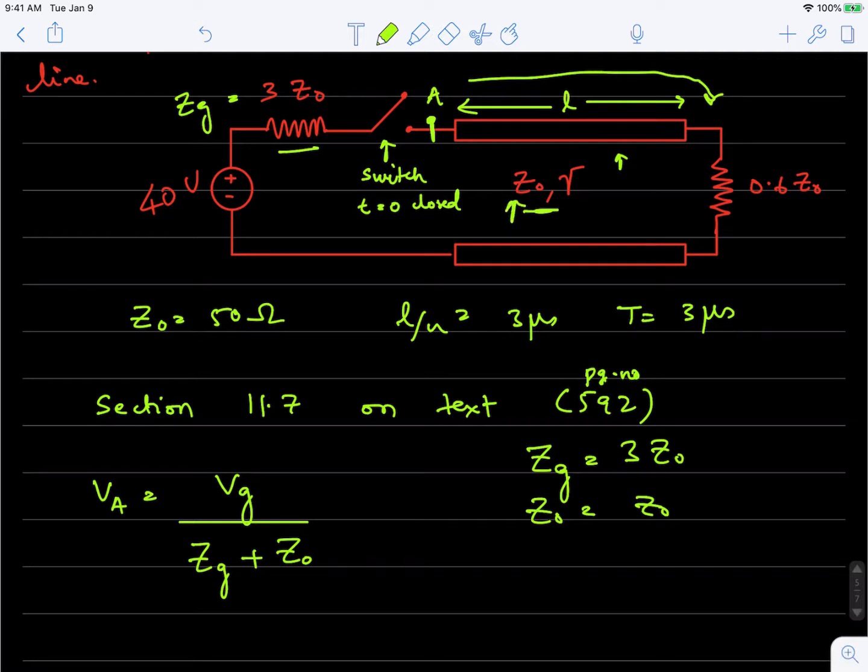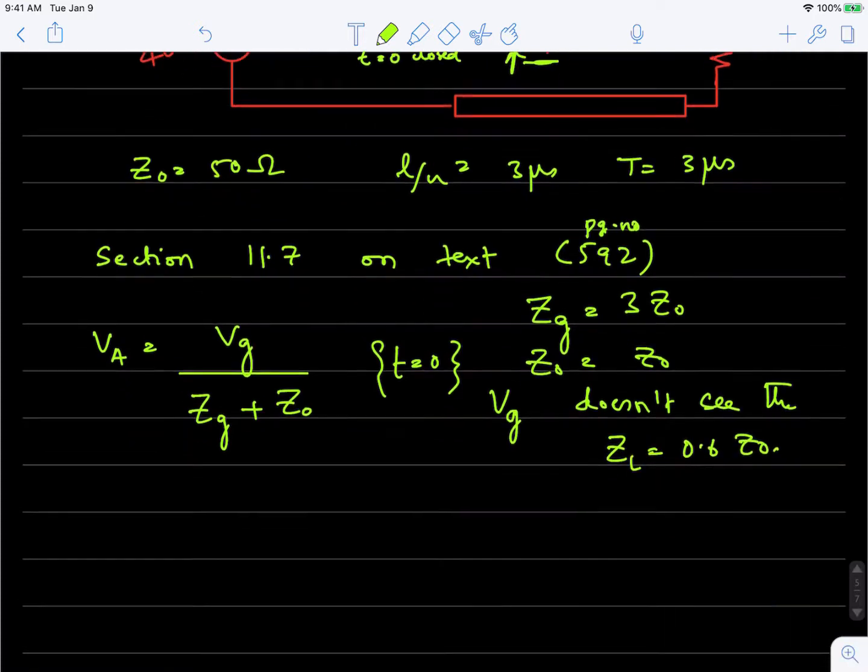We already said that the moment the switch is closed, Vg does not see the load. The load is 0.6 Z0 in our present example.